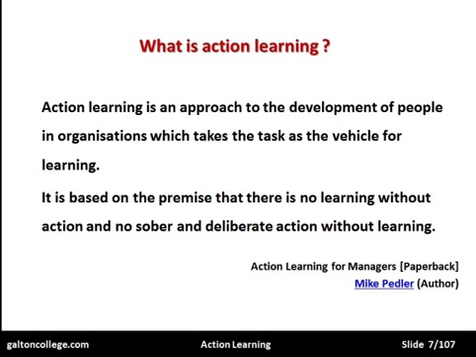It's based on the premise that there is no learning without action, and no sober or deliberate action without learning. So action learning as an approach puts learning and action together. It sees the two as conjoined.